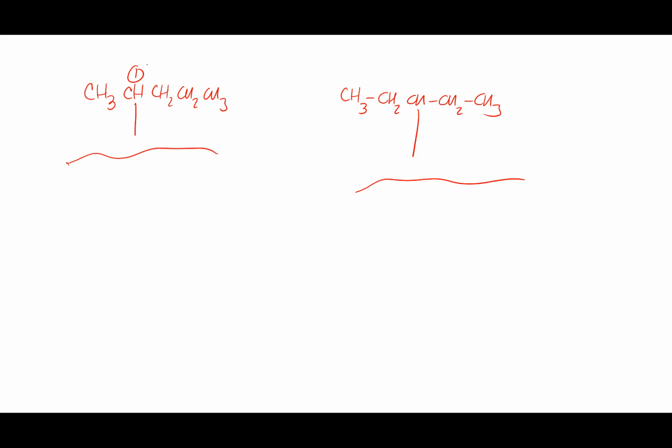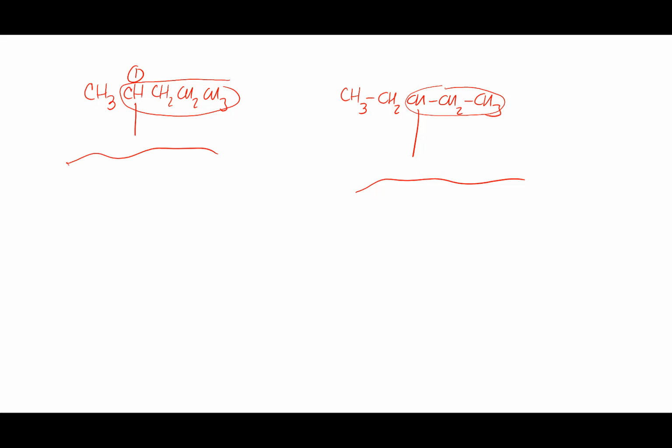So we can either go left or right. We find the longest chain in this alkyl group. The longest chain here is 4 carbons. The longest chain on the one on the right is going to be 3 carbons, and it doesn't matter whether I go this way 3 carbons or to the left 3 carbons.